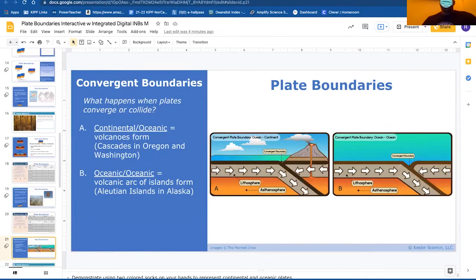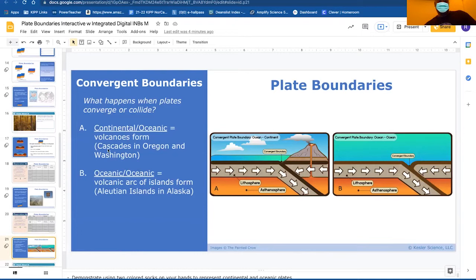All right, convergent plate boundaries, boundaries that are coming together. You have continental-oceanic, oceanic-oceanic, and sometimes continental-continental. We'll get to those. Okay, continental-oceanic. This is a subduction zone. These were both subduction zones, oceanic to oceanic.